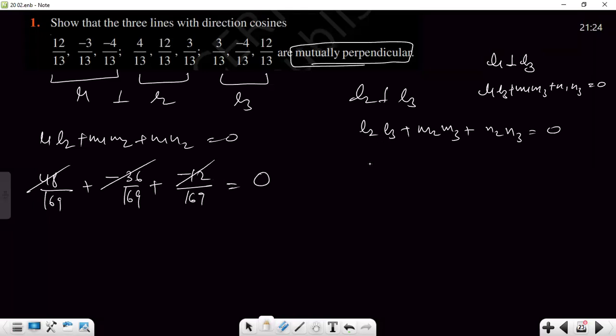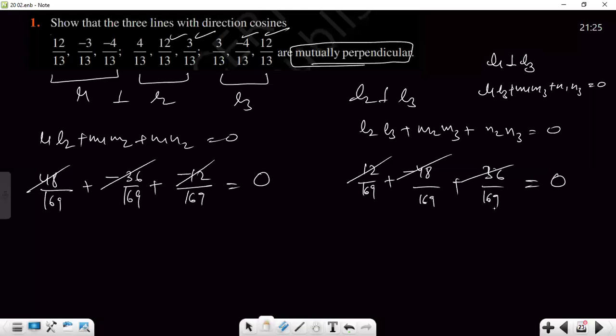L2 L3: 4 into 3 is 12 by 169 plus M2 M3 minus 48 divided by 169 plus N2 N3 36 divided by 169. 12 plus 36 minus 48 becomes 0. The denominator is the same, that's why.